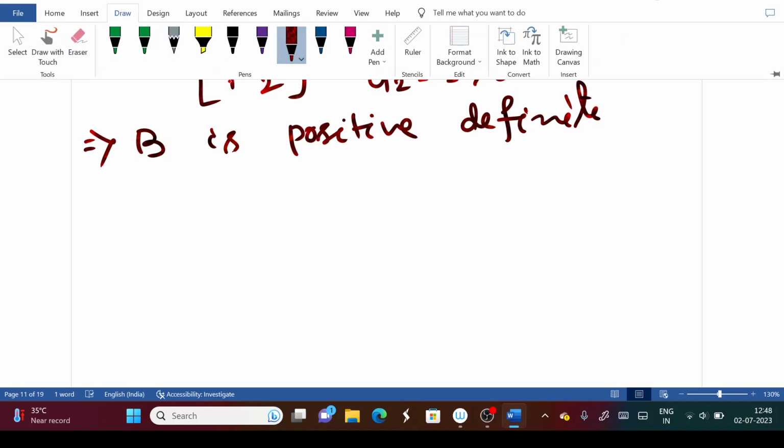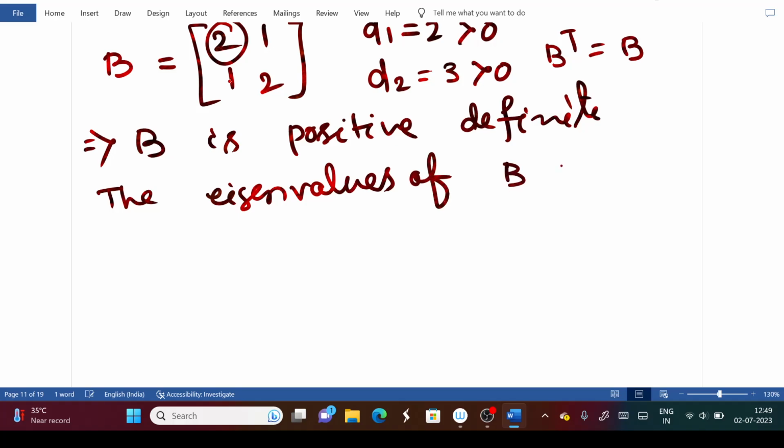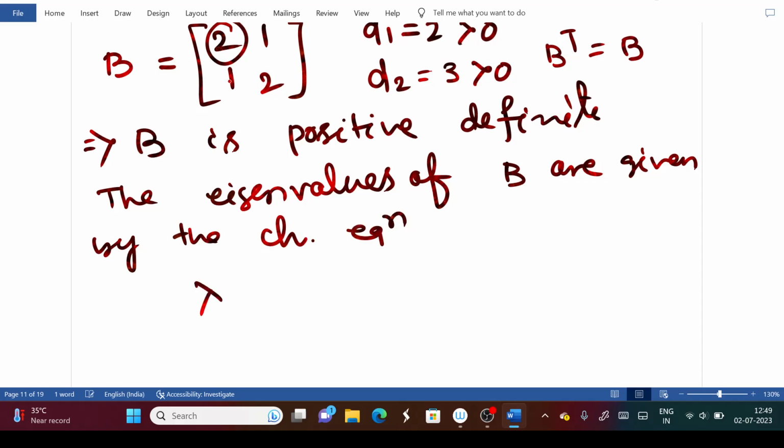The eigenvalues of B are given by the characteristic equation: lambda square minus 4 lambda plus 3 is equal to 0. So lambda is equal to 3 and lambda is equal to 1.